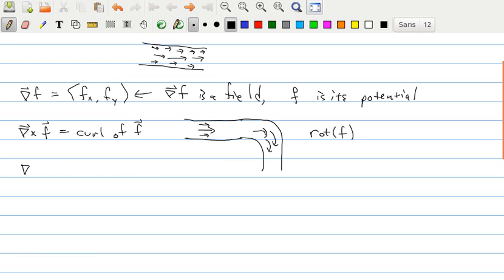And the last one we look at is the so-called divergence, where we take this del symbol and dot it with the vector field f. This is called the divergence of f, or sometimes noted as div f. The divergence gives us an idea of where the sinks and the sources in a vector field are. So if we have the same situation where we have fluid flowing down a pipe.